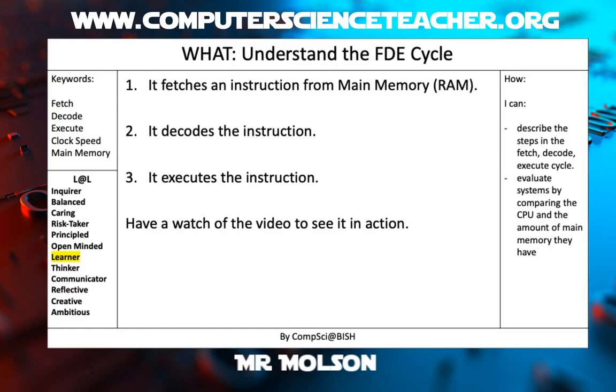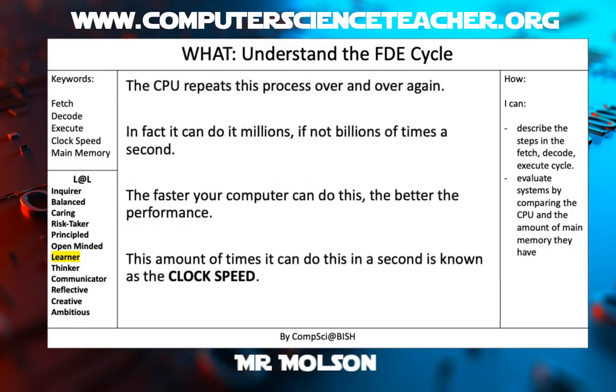Once it finished executing it, it went back to instruction number 1 and fetched the next instruction, and it just repeated that process over and over again. What blows my mind every time I think about it, and maybe it won't blow your mind, is that your CPU can do that millions, if not billions of times a second.